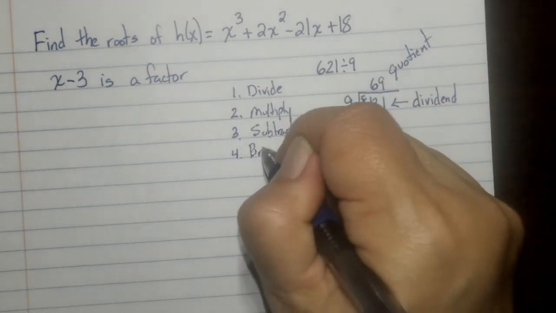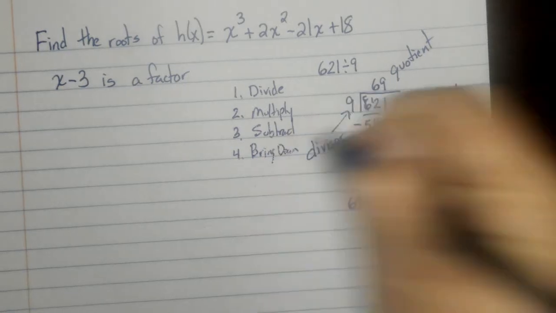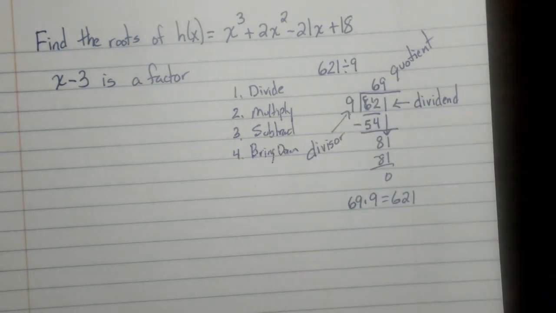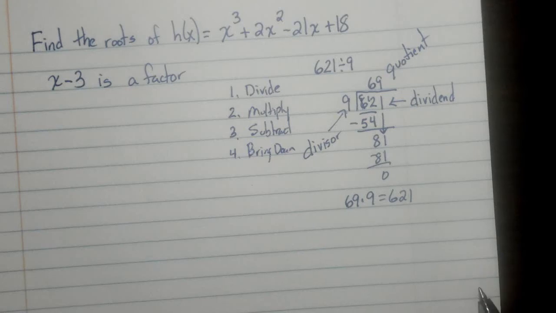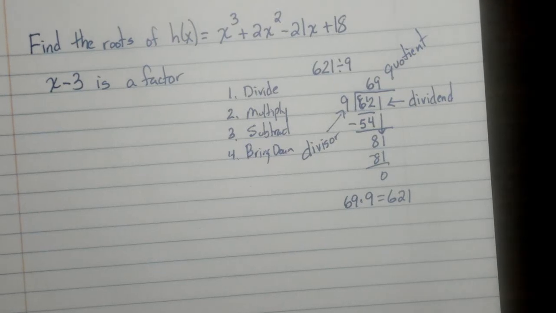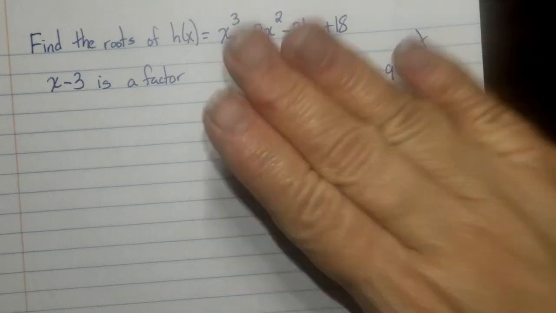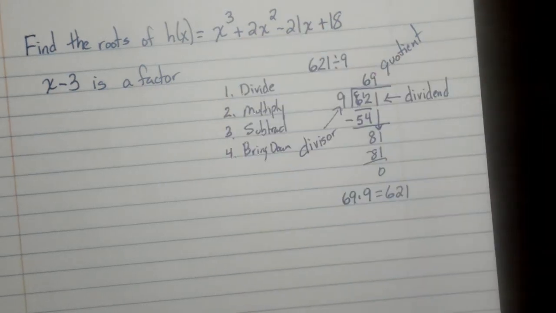And then we did bring down. We brought down the 1. And then we go through the steps all over again. This right here is exactly what we're going to do with the polynomials. It's the same steps. It's just now we're going to have variables.